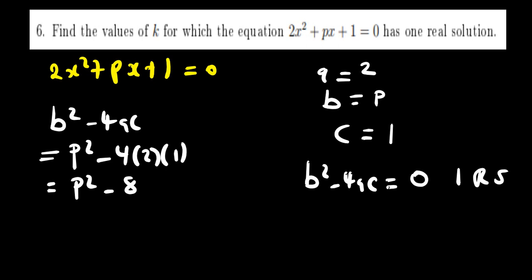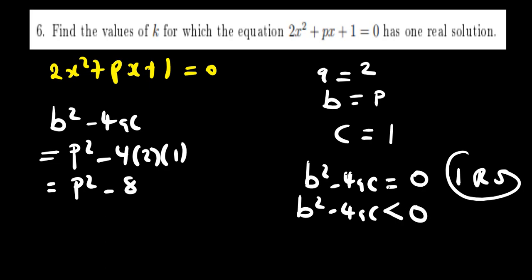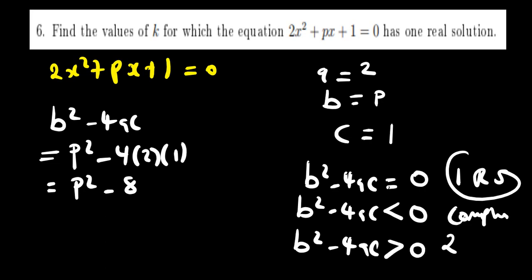If your discriminant b squared minus 4ac is less than 0, these are the negative numbers, so you have two complex roots. But if b squared minus 4ac is greater than 0, these are the positive numbers, so it means you have two real solutions.